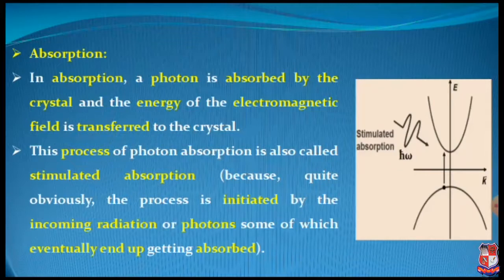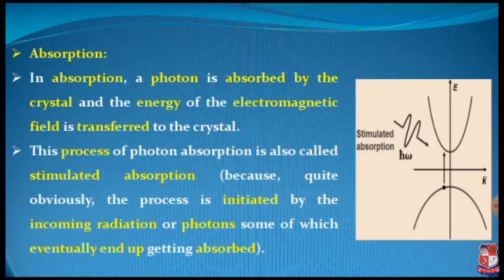The graphical representation you are watching is the E-k diagram, the energy wave vector diagram. In this mechanism of absorption, a photon is absorbed by the crystal and the energy of the electromagnetic field is transferred to the crystal.